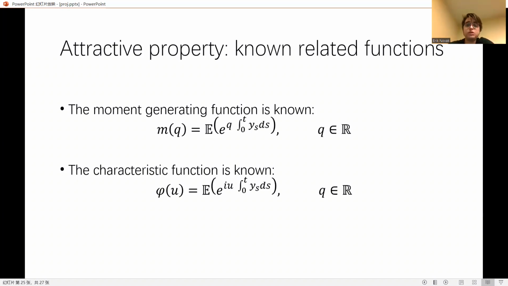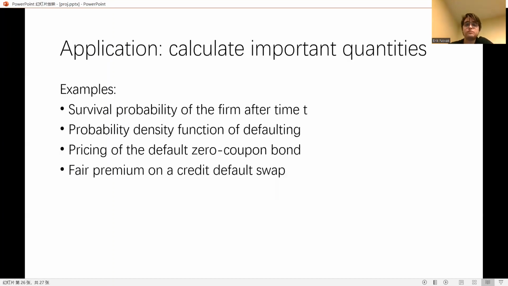So they're equal to e to the power of q times the integral from 0 to t of the process in the moment generating function case, or in the characteristic function, it's e to the power i times u times the same integral as before.